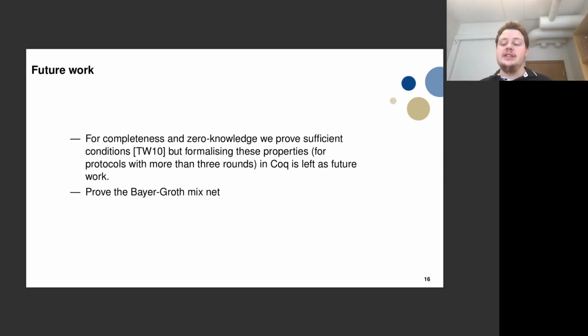The other thing we'd really like to do here is to prove the Bayer-Groth mixnet to be secure. The verifiable mixnet we verified is fairly simple. There's one underlying Sigma protocol, and then one more round on top of that, or maybe 2 more rounds depending on how you do it. So it's a very simple thing. The Bayer-Groth mixnet, on the other hand, is much more complicated.